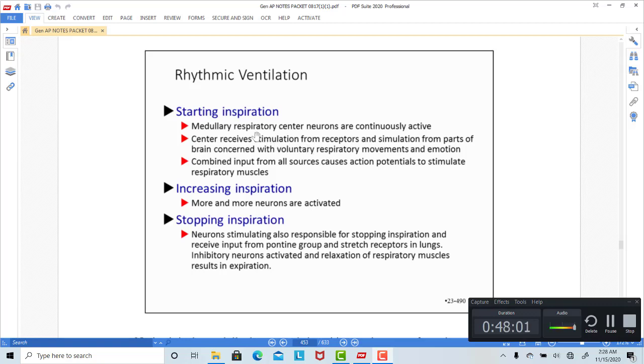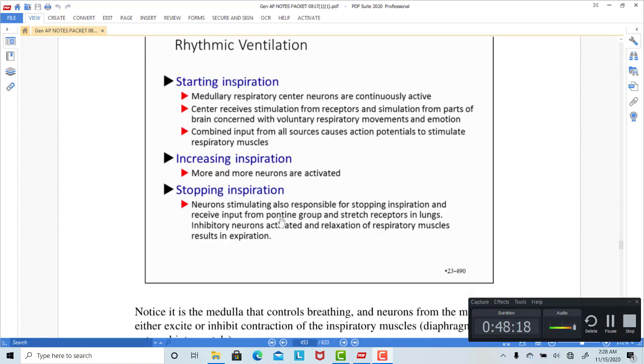So this just describes how when we start to inhale, that's the medulla stimulating those muscles. And then as more and more of the neurons are activated, it stimulates those muscles to continue to contract. And then when the stretch receptors in the lungs send signals back to the pons stating that they are fully stretched, then that stimulates the nerves to no longer send action potentials to those muscles, and then the muscles relax.